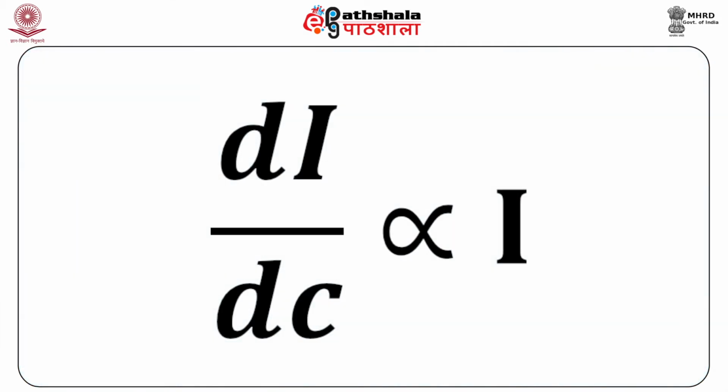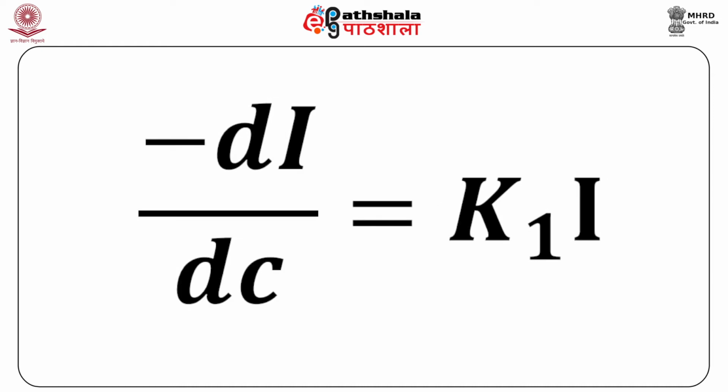Therefore, dI by dC is directly proportional to the value of incident light, where C is the concentration. This means that the decrease in the strength of the incident light I with concentration C is proportional to the strength of the incident light I.